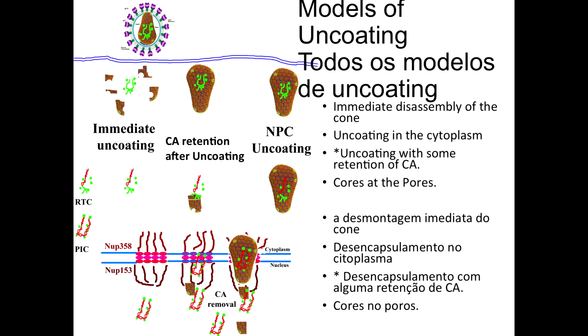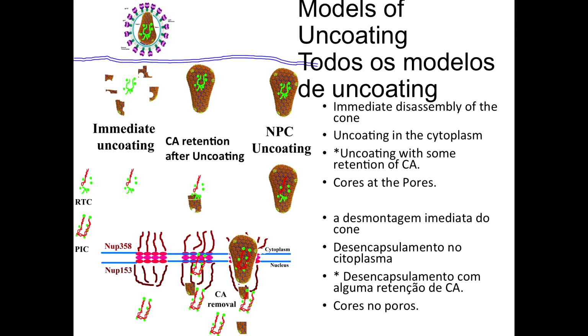But anyway, there are three basic models here. One is that when you have fusion and the cone is dropped into the cytoplasm, it just falls apart. We know that's not true today because things like TRIM5 alpha restriction and MXB restriction, these restriction factors, interact with this cone.